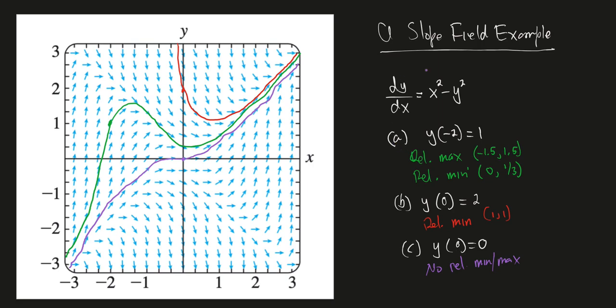And it all stems from the derivative and these little arrows, these little lineal elements that essentially direct traffic. They tell the solution curves where they go, and the solution curves obey.